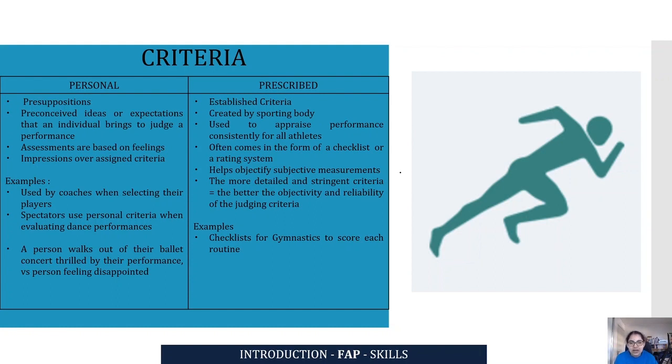The more detailed and stringent the criteria, the better the objectivity and reliability. You cannot always achieve 100% objectivity, but you can try to achieve let's say 95% objectivity by making the criteria really stringent. An example is a checklist for gymnastics to score each routine.